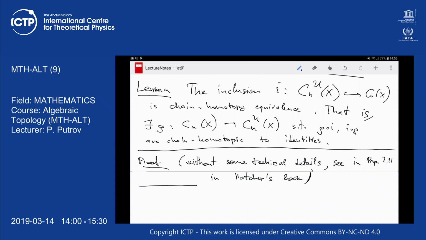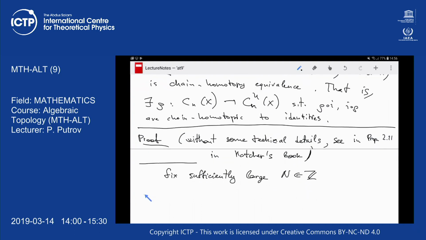Okay. So let me fix some sufficiently large integer number n. We already had this notation, but now I want to understand it in a more general sense.